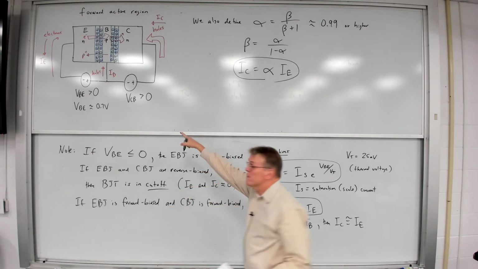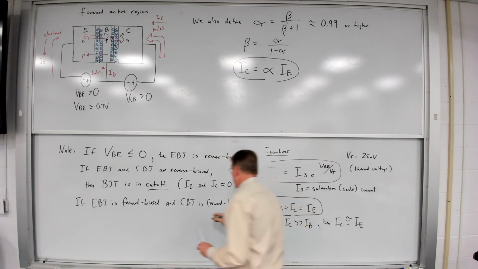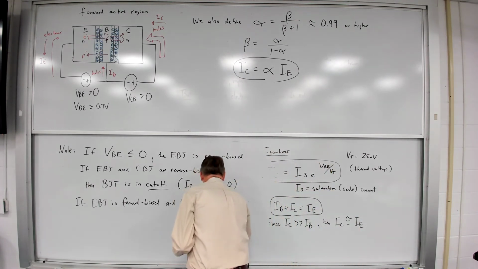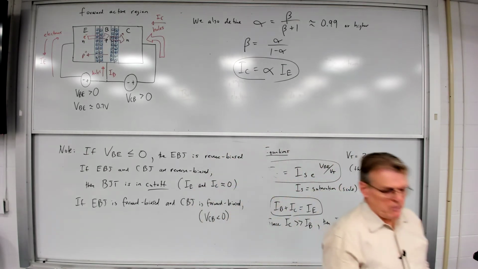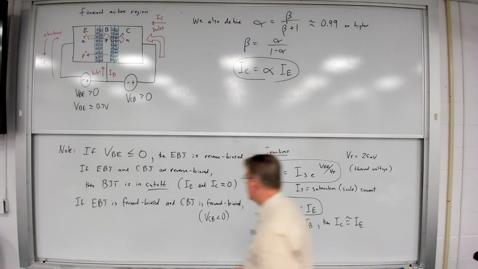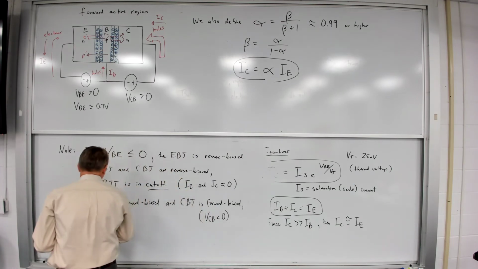So in other words, what if VCB is less than 0? Then that is another region of operation. In that case, we say the transistor is saturated.